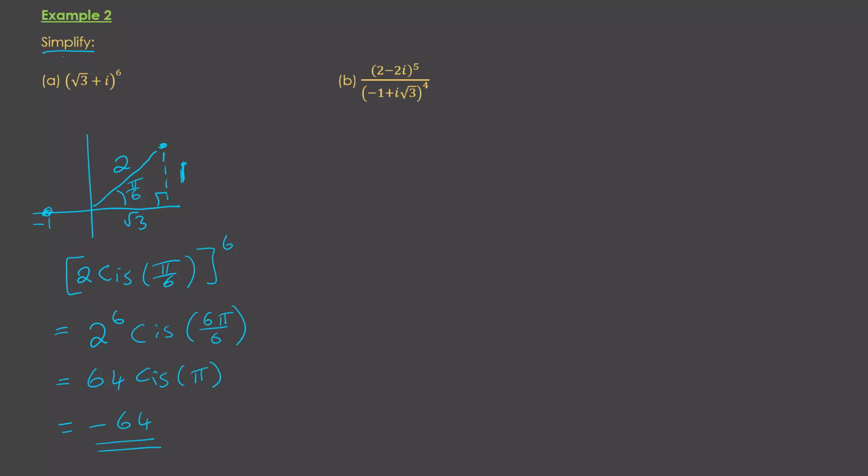Now we have (2 minus 2i) to the power 5 over (-1 plus i root 3) to the power 4. So let's think about 2 minus 2i to start with. So that would be here. So that's 2 and that's 2.